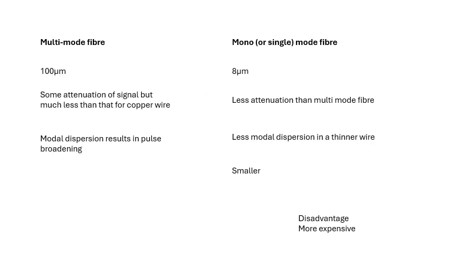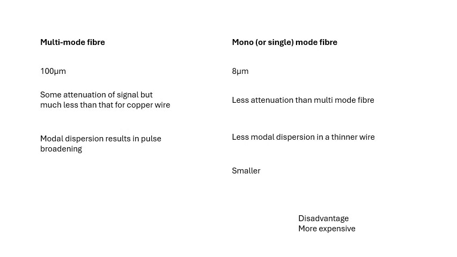These are the types of fiber I mentioned before. A multi-mode fiber is thicker. There's some attenuation of the signal, but a lot less. Attenuation means it gets weaker, but less than for a copper wire. Modal dispersion, do you remember what that is? If you don't, look it up. I'm not going to talk about it. How do you avoid modal dispersion?